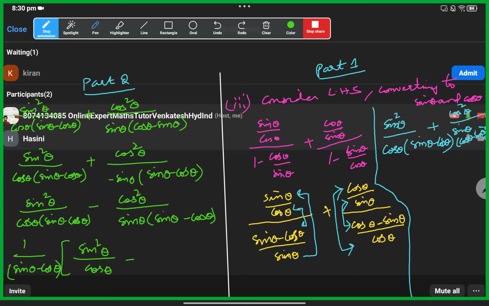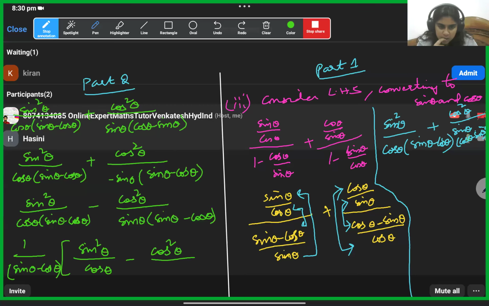Now minus, what will I write in the second fraction? Can you tell? Cos square theta by sin theta. Yes, Hasni, because sin theta minus cos theta is taken common. Yes or no, Hasni?